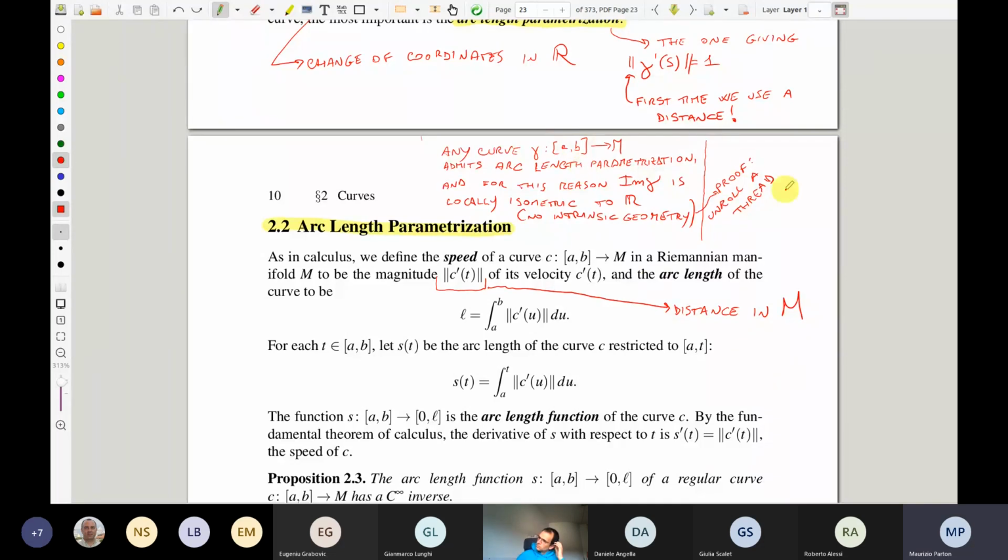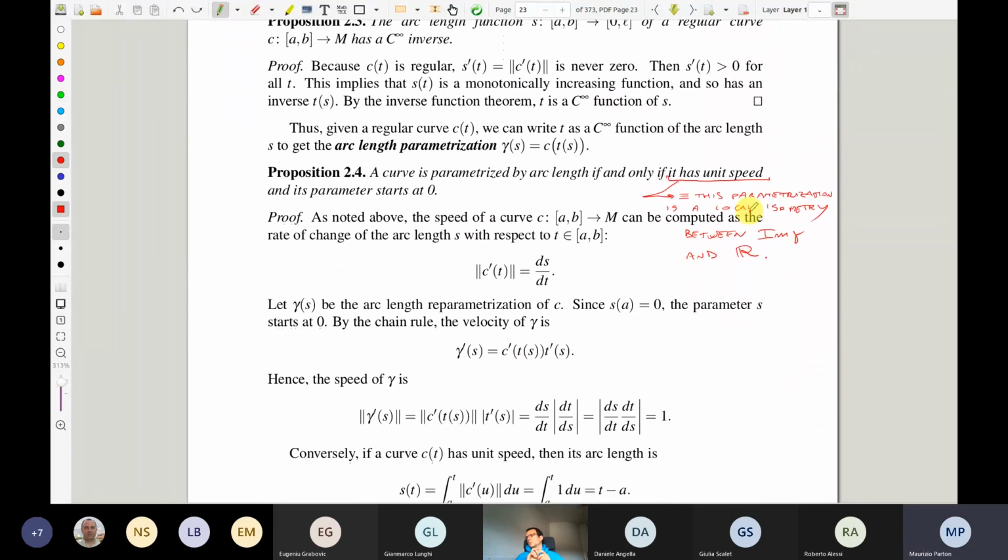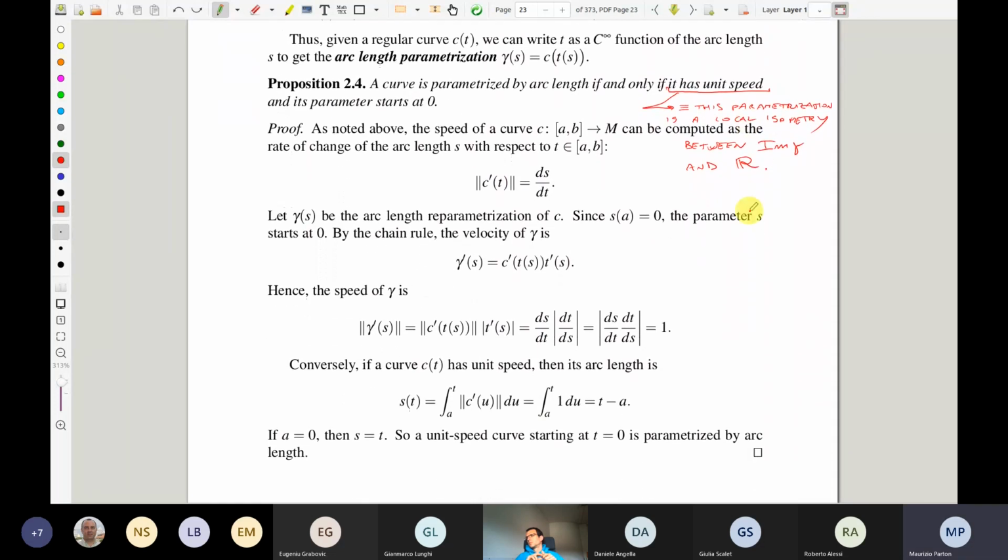and the curve has no intrinsic geometry. This is what I was showing you before. The proof is unrolling a thread as I did before. Okay, we have the arc length parametrization. We said before, with respect to this arc length, I can take the derivative of the arc length, called s, with respect to the original parameter t.